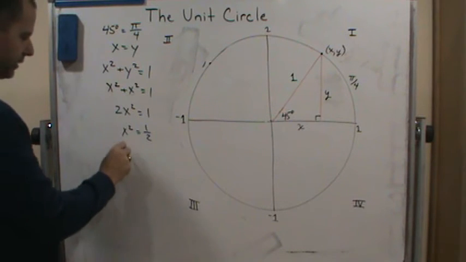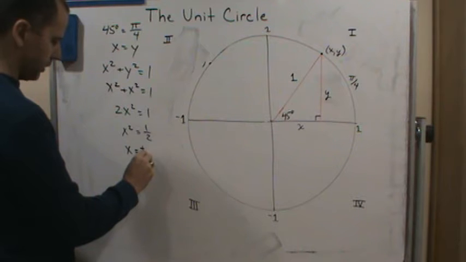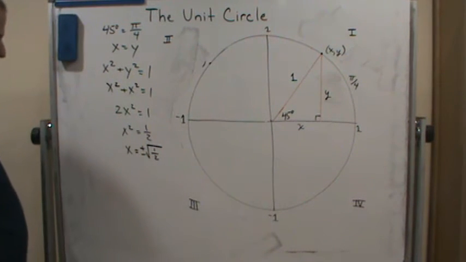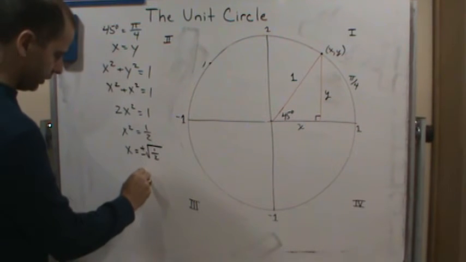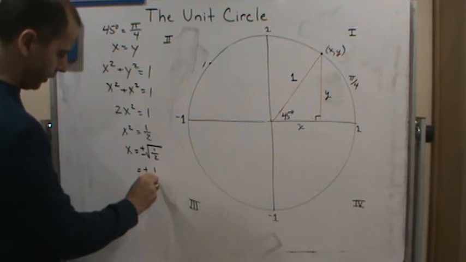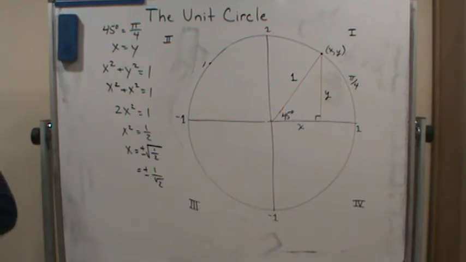Now if we take the square root of both sides, we get x is equal to plus or minus the square root of 1/2, which equals plus or minus, well, the square root of 1 is 1, so we get 1 over the square root of 2. Which is also the same as y.